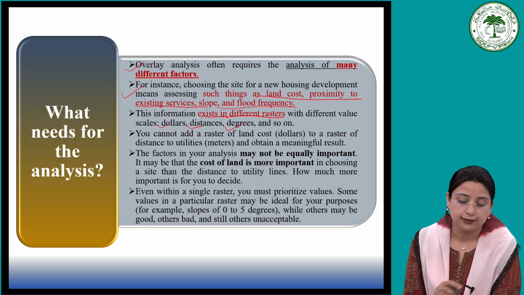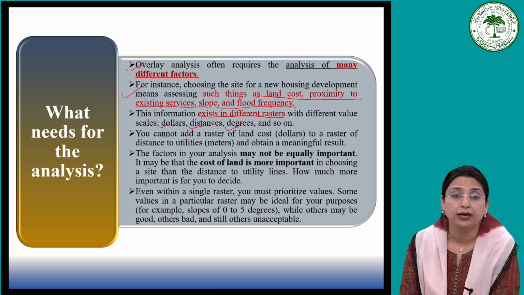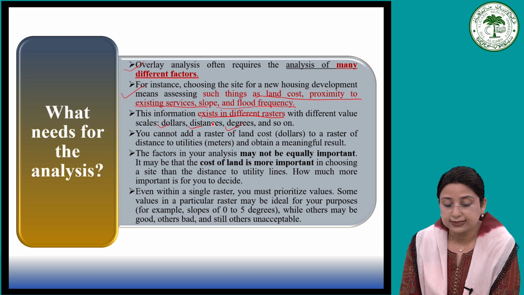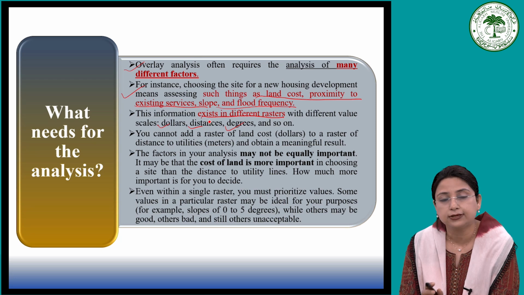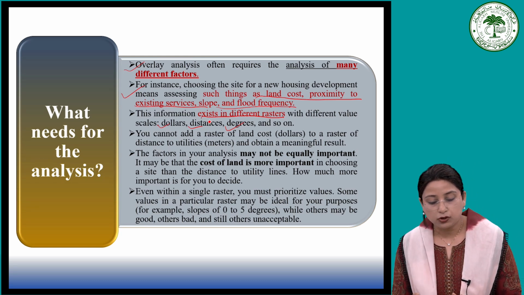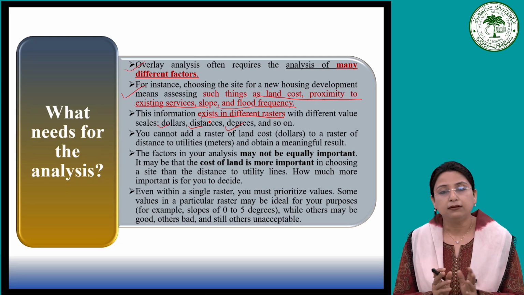So that is explained here. The overlay analysis needs various factors, and these factors exist in raster format, maybe in terms of dollars, distances, degrees and so on. You can give various examples also. The land cost will be in dollars, and distances may be in meters, kilometers, miles, and thus we can obtain a meaningful result.